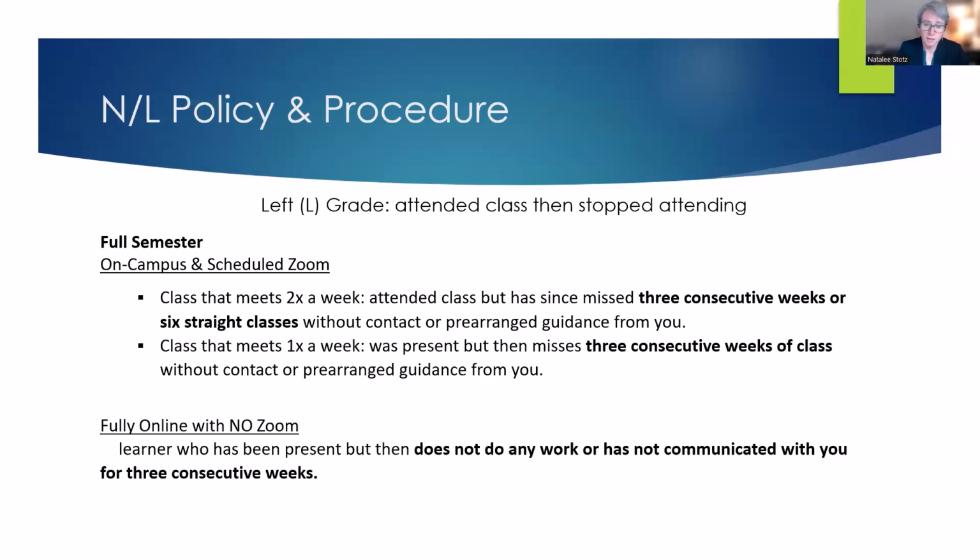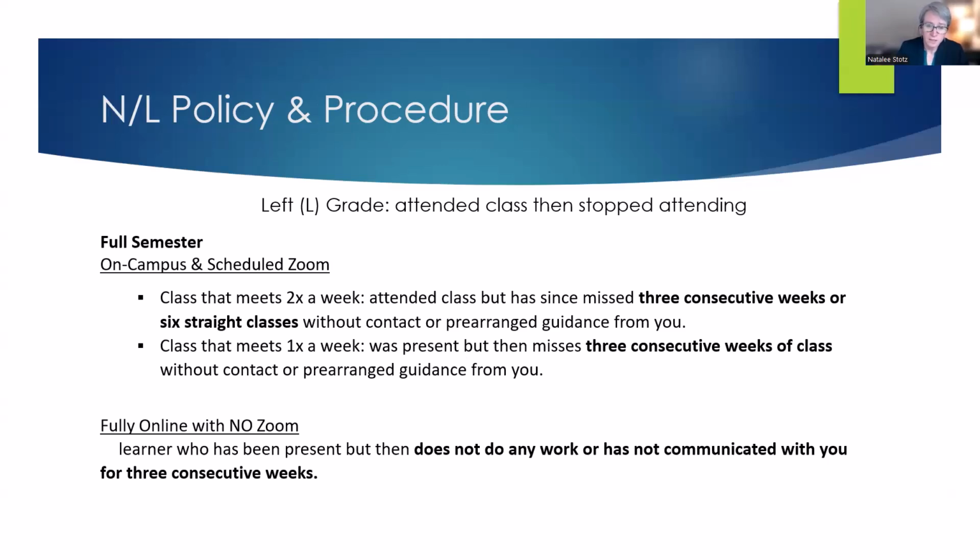If it's a class that meets 1 time a week and they had been coming, but then missed 3 consecutive weeks of class without contacting you, then they get an L grade.